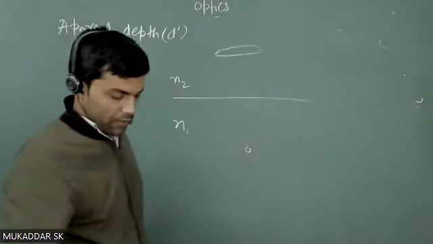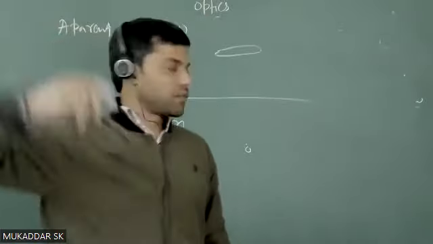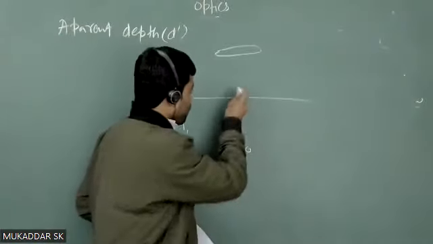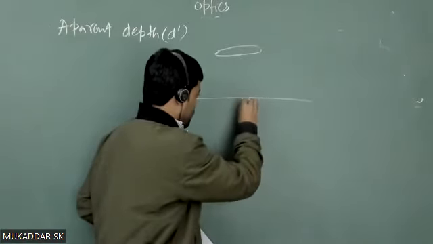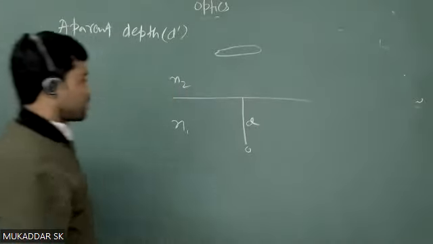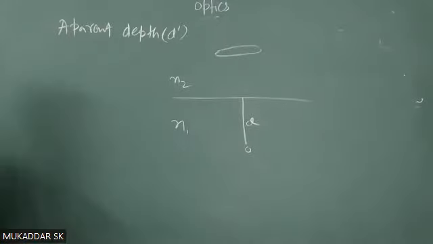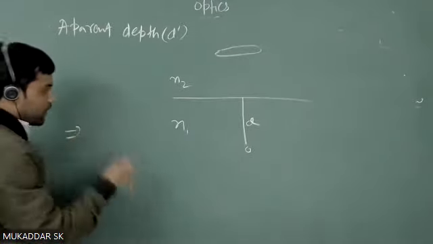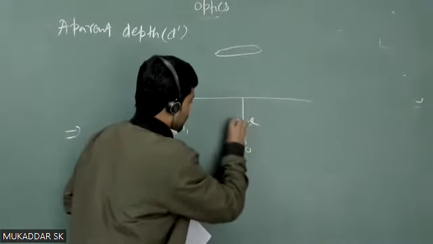Always keep in mind that you have to measure the depth from the surface. So from the point object to the surface, the actual depth is D. But now when you look, you will not see D, right? So what will you see? Somewhere you will see that the object is actually somewhere here, D dash.